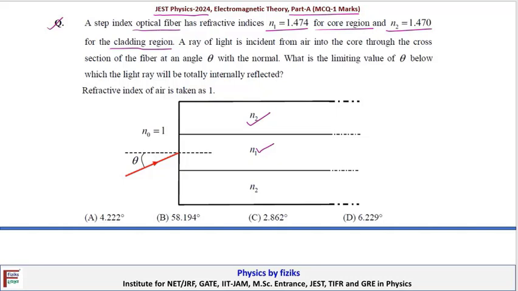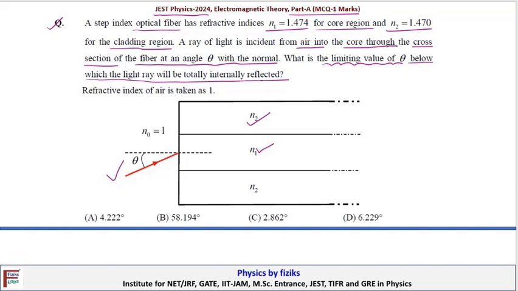And a ray of light is incident from air into the core through the cross section of the optical fiber at an angle theta with the normal. So light is incident from air to core. Now you have to find the limiting value of theta below which the light ray will be totally internally reflected.